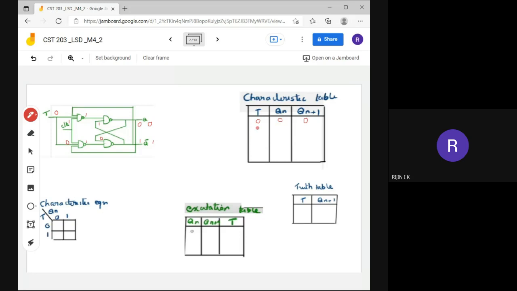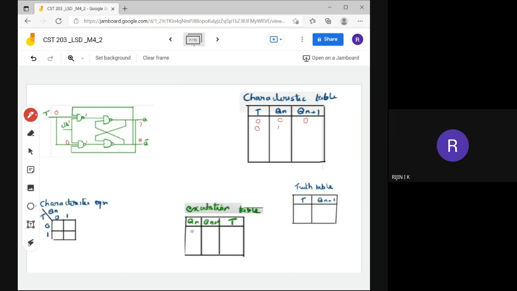Then next, the same input 0 is applied, but I am assuming that the current state Qn is 1.